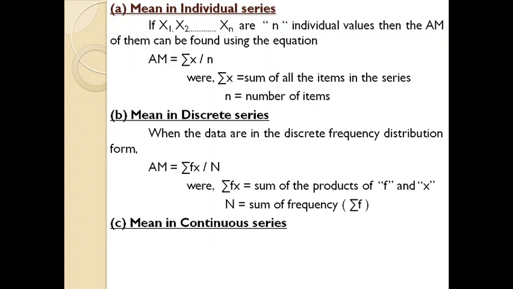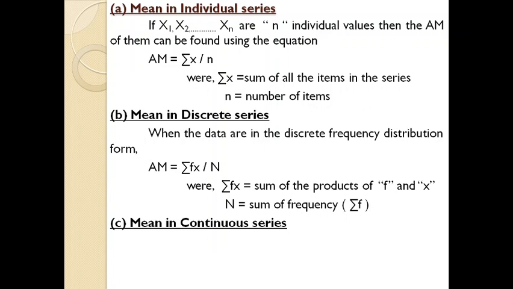So in a continuous frequency distribution, the value of each individual item is unknown because it may be given in a class like 10 to 20, 20 to 30, 30 to 40, unlike the individual values given in the discrete as well as individual series. So we are not able to pinpoint the exact value.